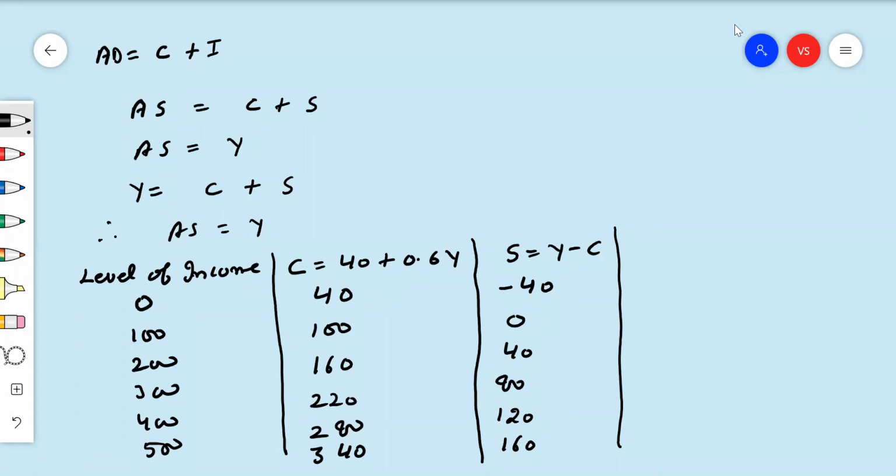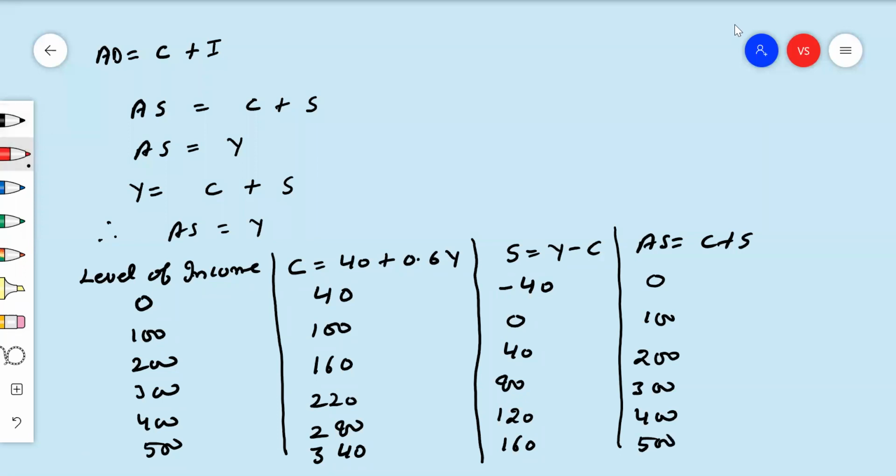Now according to Keynes, AS equals C plus S. Now I am going to add C plus S. So C is 40 and S is minus 40, so it is 0. 100 plus 0, 100. 160 plus 40, it's 200. Now 300, now 400, and 500.